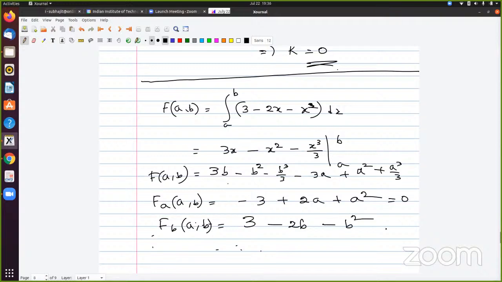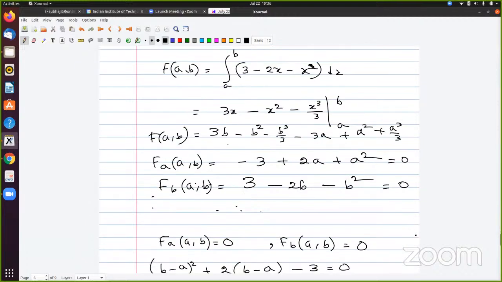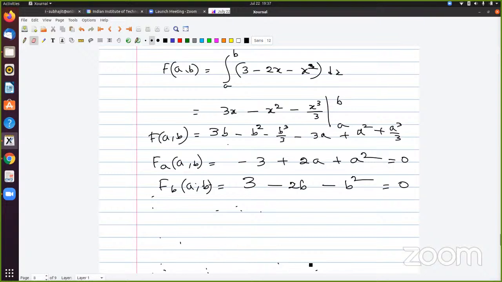Now you equate both of these to 0. What do you get? As you have already said, a is what? Minus 3 and 1, right? Yes. And similarly, b is minus 3 and 1, same thing. Okay.